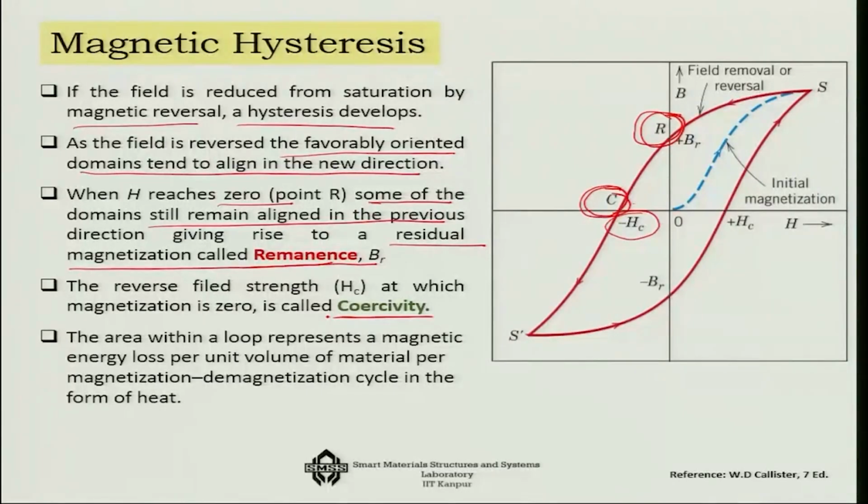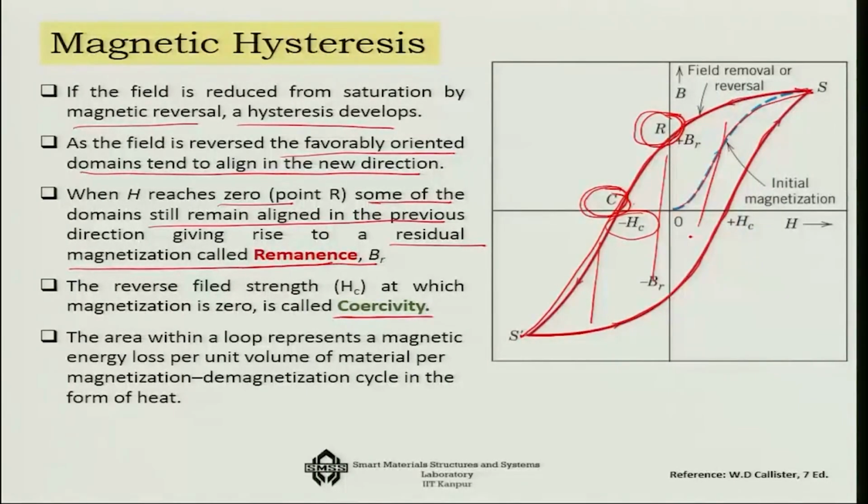The other thing is that this is the initial route, and then you are reversing the magnetic field. Up to this you are increasing, and then you reverse it, and we are going down like this. When you again reverse the magnetic field, it comes in a different line, meaning you will have an area inside, which is the magnetic hysteresis.